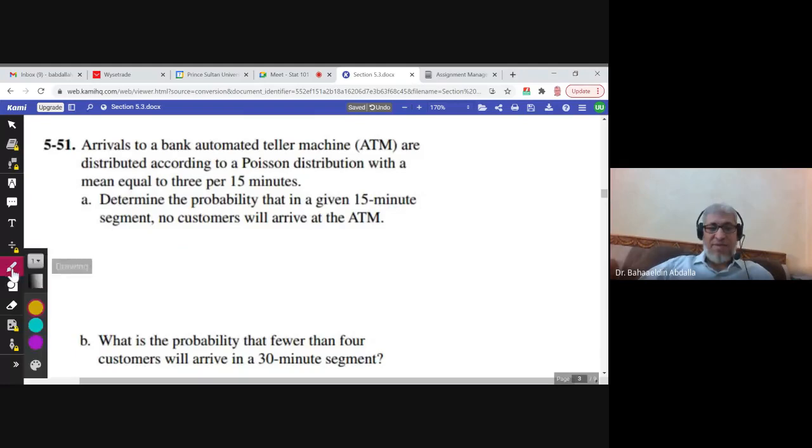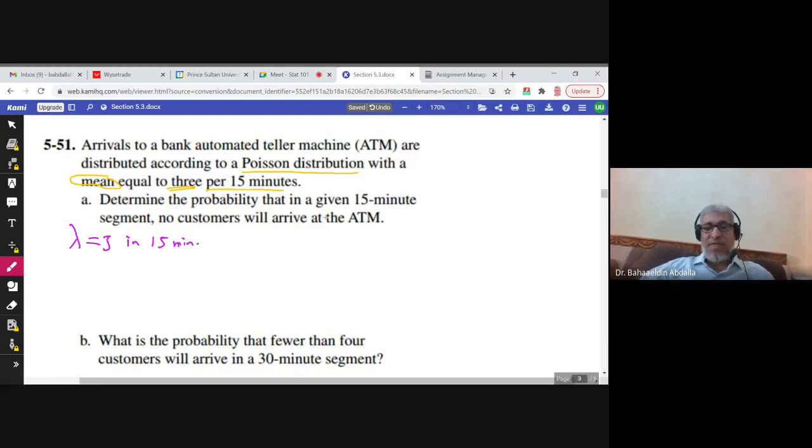Another example: arrivals to a bank automated teller machine are distributed according to a Poisson distribution with a mean. The mean is always given in these questions per some period, here a mean equal to 3 per 15 minutes. What is the meaning of this? Lambda is 3 in 15 minutes, so the segment is 15 minutes.